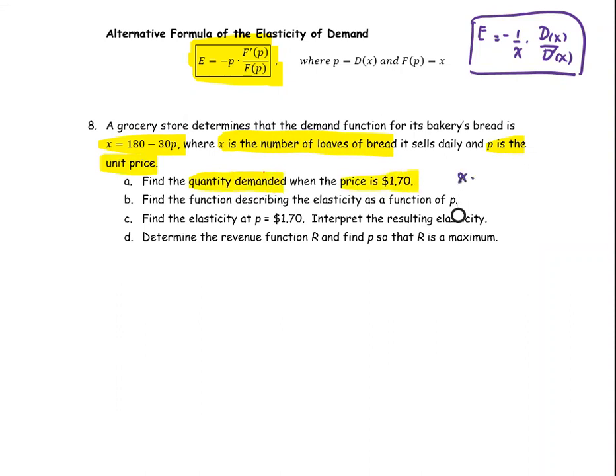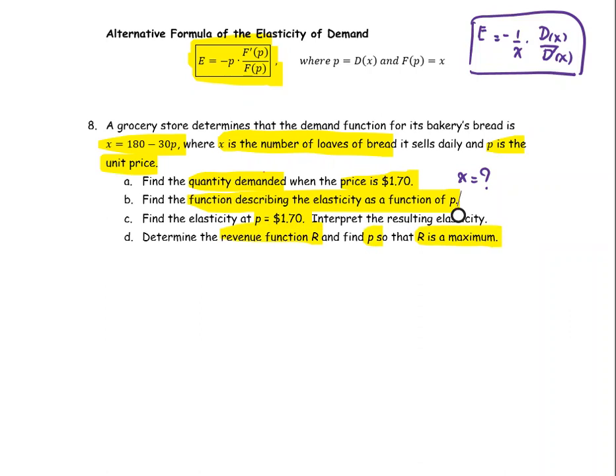So we're going to find x. Part B, find the function describing the elasticity as a function of p. Part C, find the elasticity at p equals $1.70. Interpret the result. Part D, determine the revenue function R and find p so that R is a maximum.